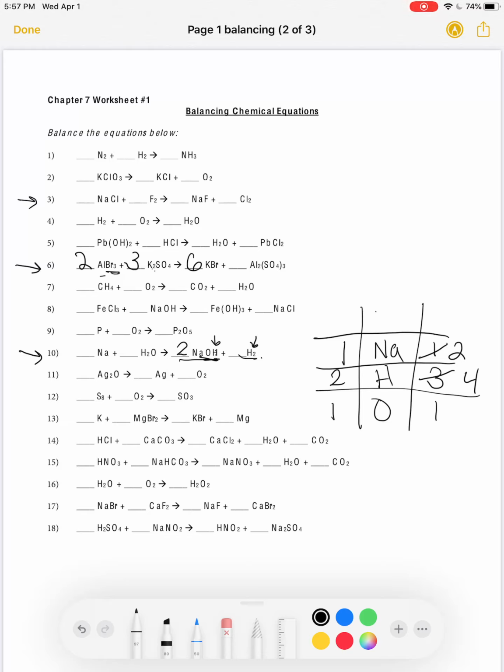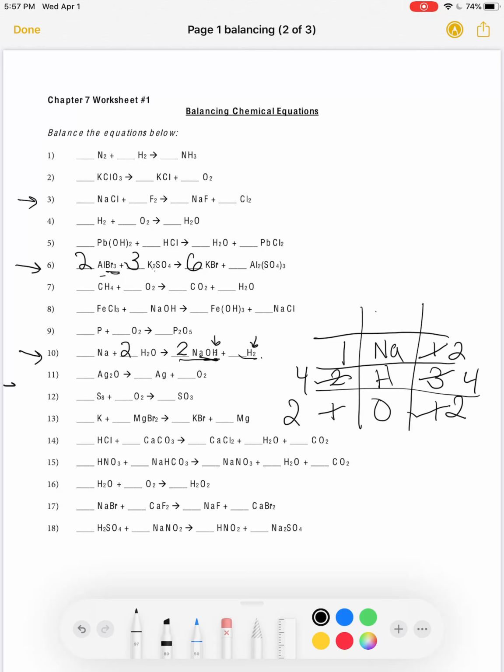Okay, Mrs. Berger, what's a girl to do now? Well, let's think about it. I need to get more hydrogens on my left-hand side. So if, oh, you know what? I didn't even write this down, but that also gave me 2 oxygens over here. All right. So if I just do this, 2 H2Os, that gets me 4 H's and 2 oxygens.